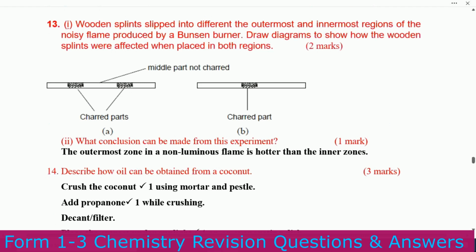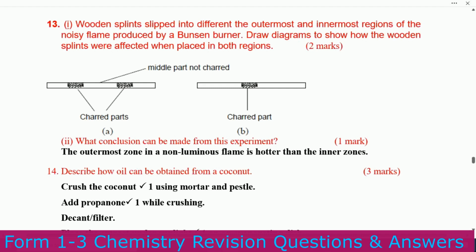You're told wooden splints were slipped into the outermost and the innermost regions of the luminous flame produced by a Bunsen burner. Draw a diagram to show how the wooden splints were affected when placed in both regions.